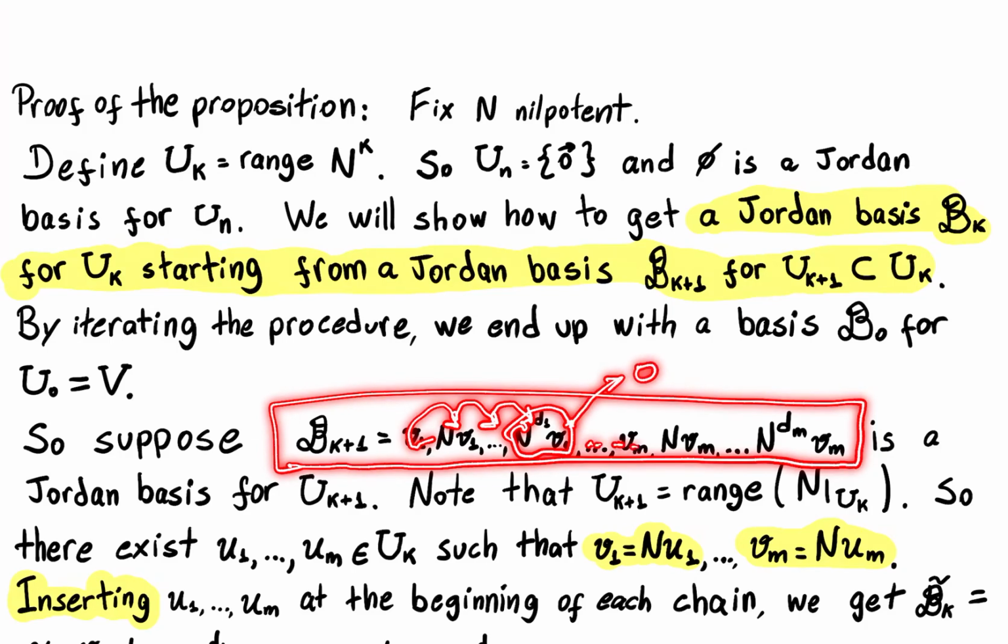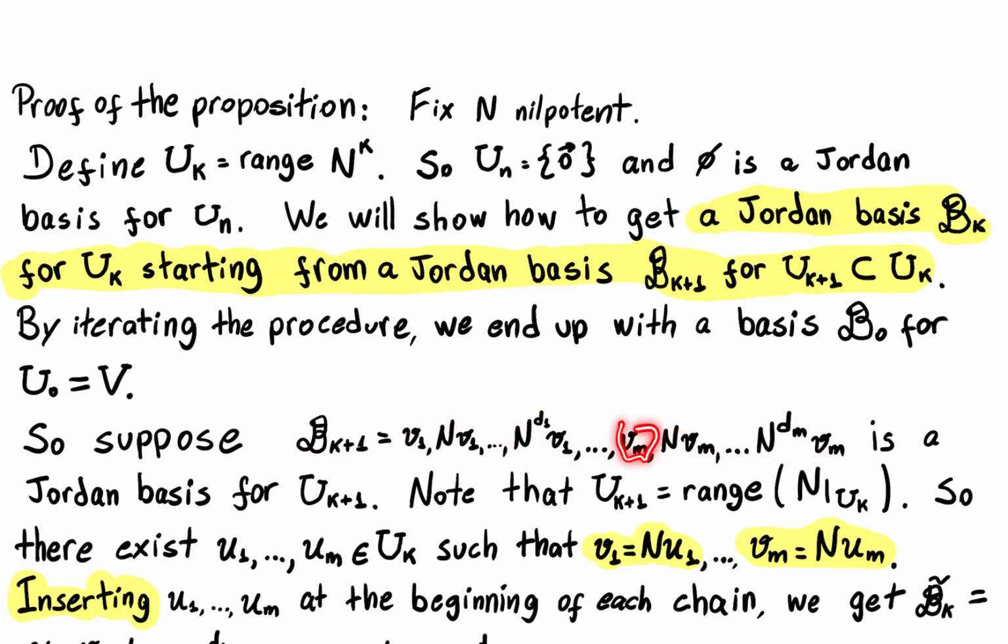And you have a few blocks like this. Maybe the block is so short that it only has v and nothing else, and v is an eigenvector. That's a very short block, it's also allowed.